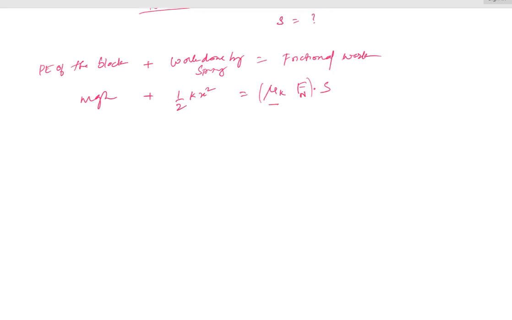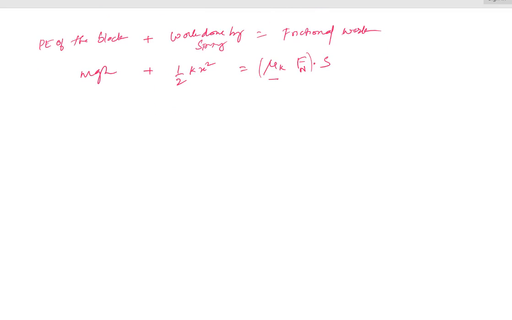Okay, so some of the things are already given to us, like m. So m is 4 times 9.81, that's mg, times h, the vertical height that the block covers, we don't know that yet, plus half, k is 340, the spring constant, and it has been compressed to 0.3 meters, so 0.3 squared. So we know everything from this part of the equation, equals mu k, so that is 0.8 times Fn s.